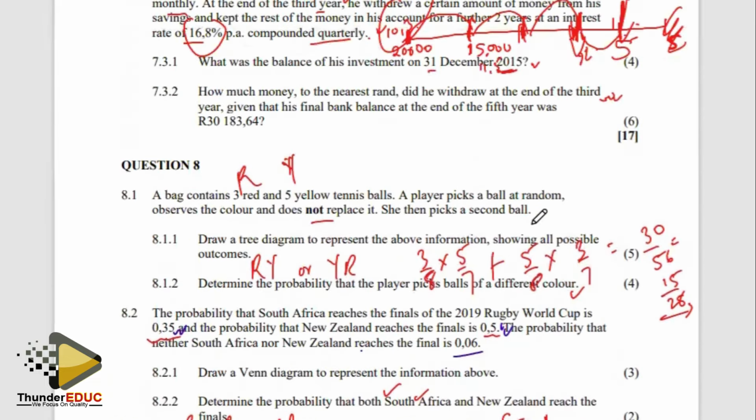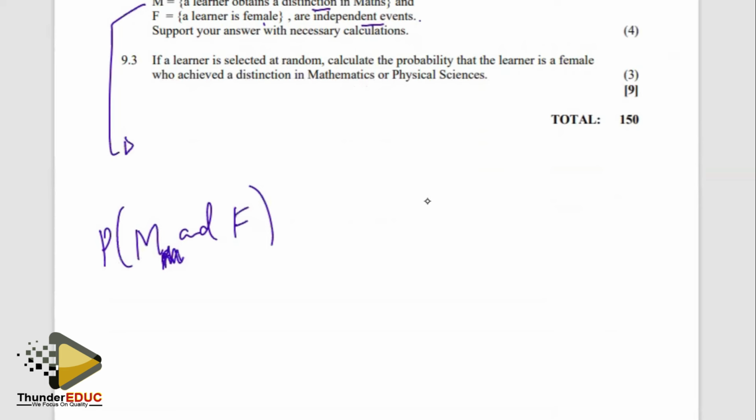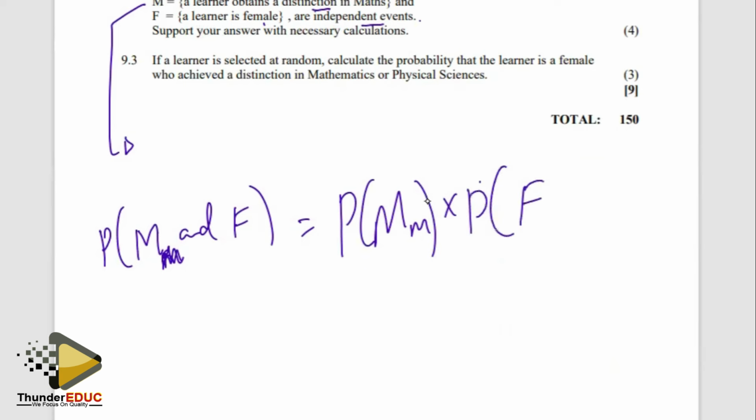Oh, it's a male with a distinction in maths. So let me use M. So this should be the same as a male with a distinction in maths multiplied by the probability of just female, whether you have a distinction or not.